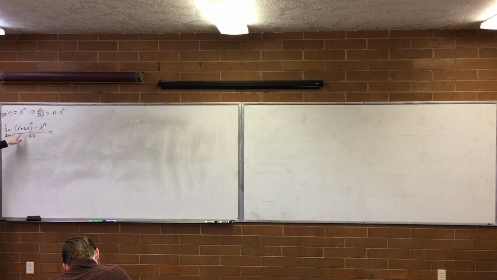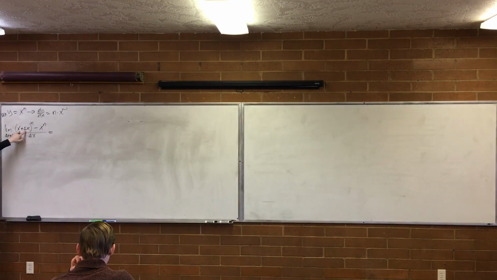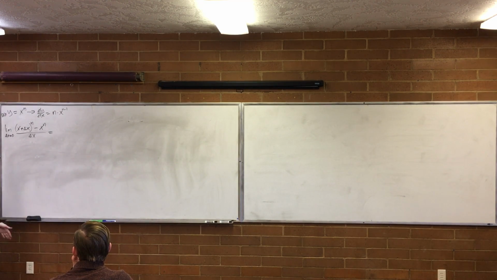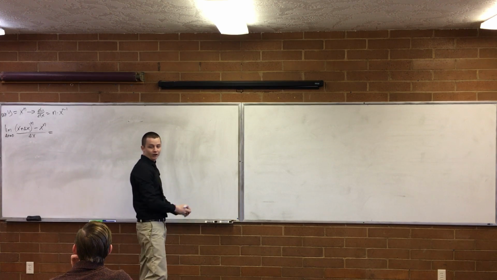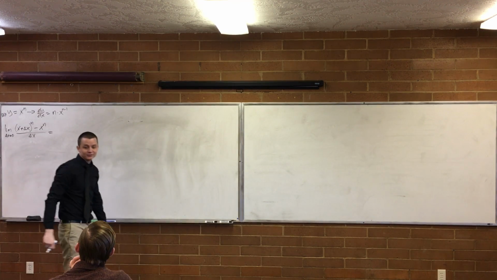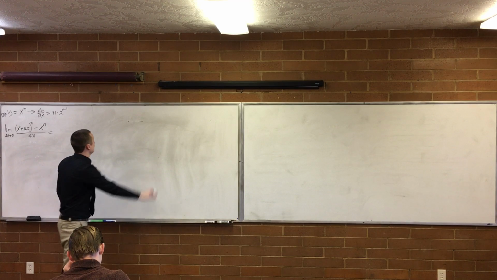Anyways, what is this thing? One second, let me just think about it for two seconds. Oh, it's an n binomial. If only I knew how to expand you. Oh, binomial theorem, ring a bell? It better ring a bell.